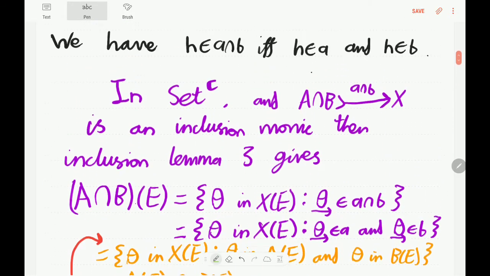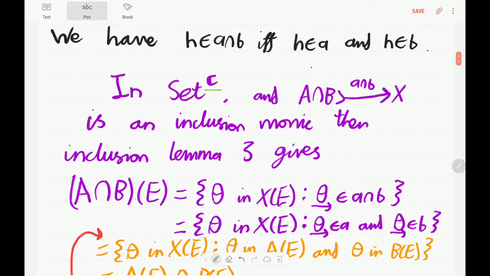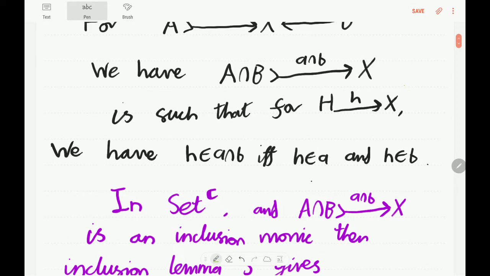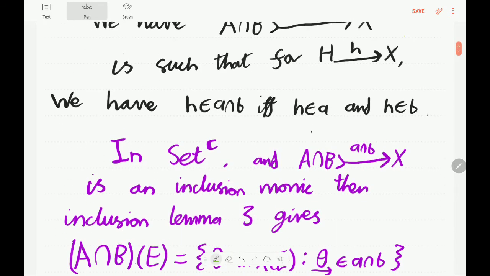Anyway, this idea is formalized for a general category set to the power of C as follows. We want to compute the intersection of A and B, and why don't we assume that it's an inclusion monic? Because it's only really defined by this kind of property up to equivalence anyway, so we can pick any equivalent one of the subobjects to represent it.